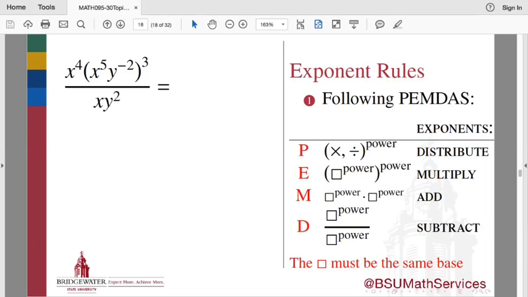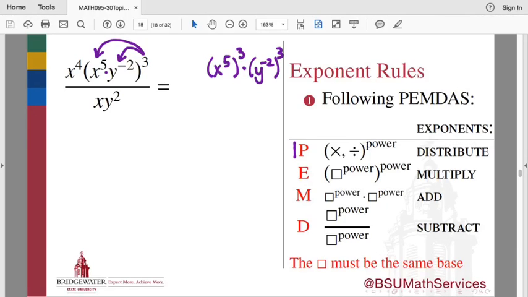So just to get into that expression a little bit, inside the parentheses we have x to the 5th multiplied by y to the power negative 2. So I have multiplication going on inside the parentheses and an exponent applied outside the parentheses. That means that that exponent may be distributed across the factors in that multiplication. And what that's going to give me is an x to the 5th power that's getting raised to the 3rd, multiplied by a y to the minus 2 power, also being raised to the 3rd.